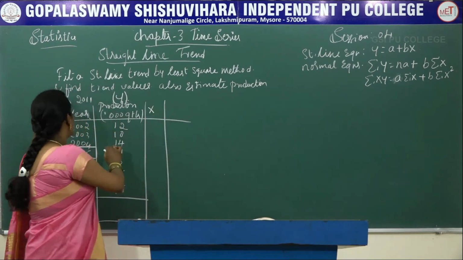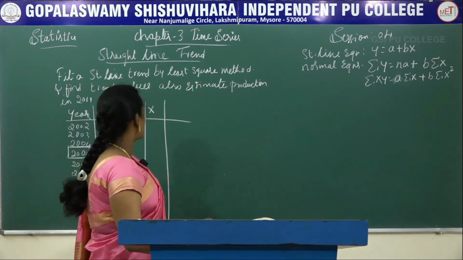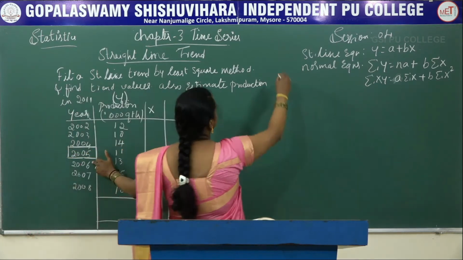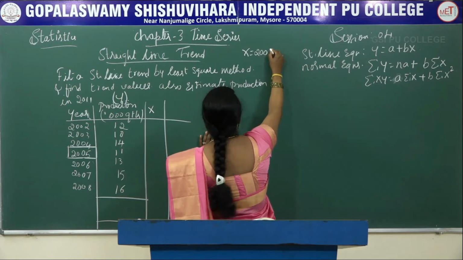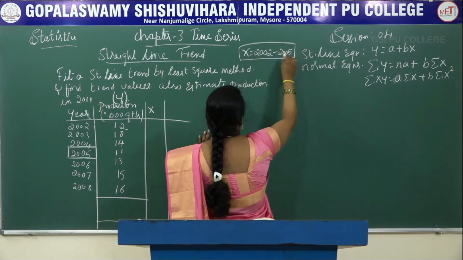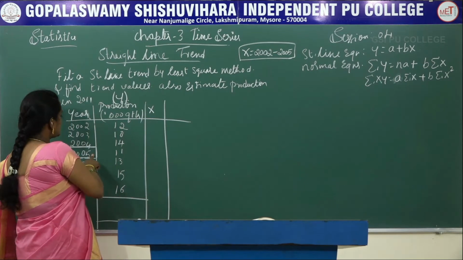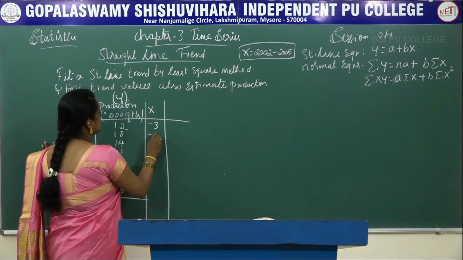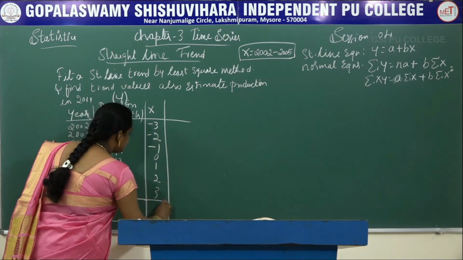To find x, we have to take the deviation from 2005: 2002 minus 2005 is minus 3, 2003 minus 2005 is minus 2, minus 1, 0, 1, 2, 3.